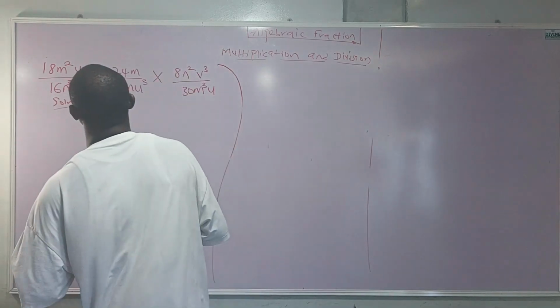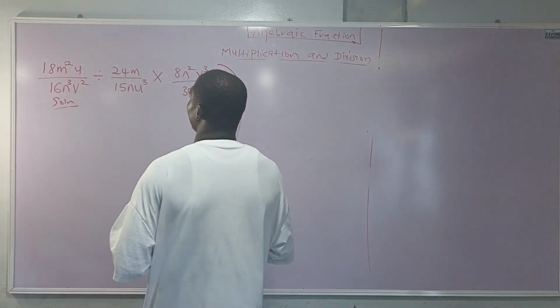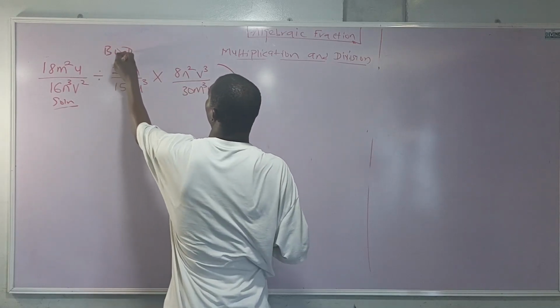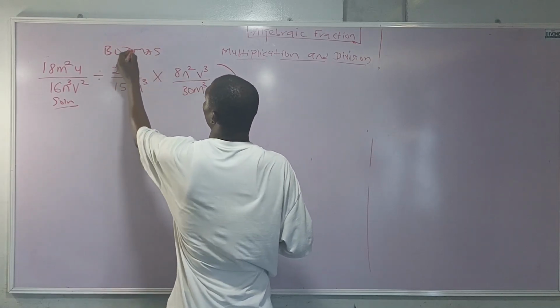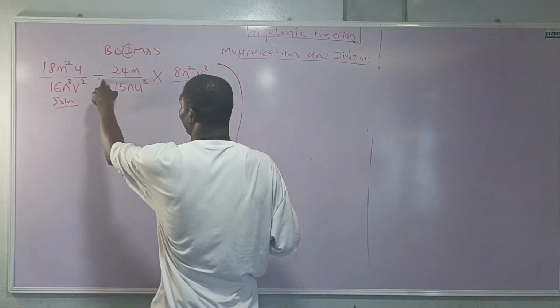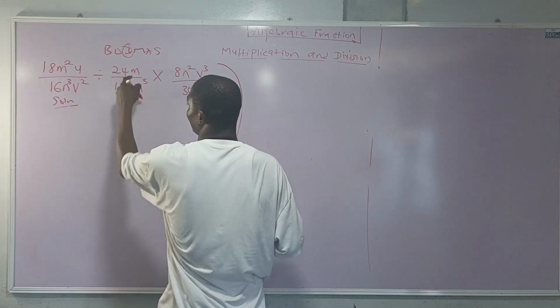So we have this. We can see that we have division and multiplication. So therefore the rule of BODMAS comes into play. So division comes before multiplication. So this must be converted to division, to multiplication, and interchange the right hand fraction.